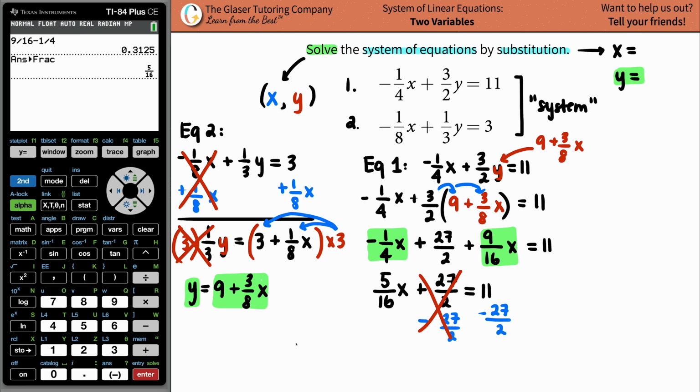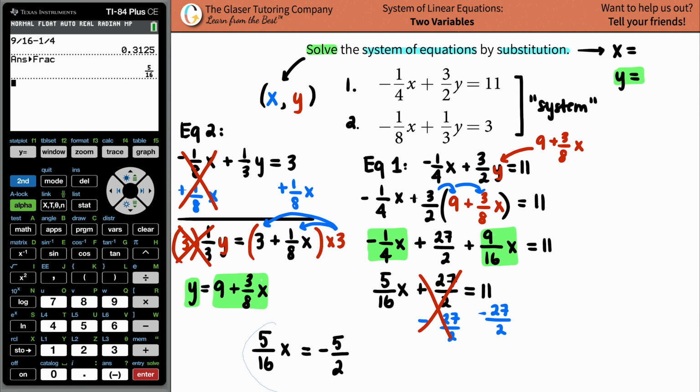We have now 5 over 16 x equals, what is 11 minus 27 over 2? 11, if we had it over 2, 11 times 2 is 22. So it would be the same thing as 22 over 2 minus 27 over 2. 22 minus 27, so this is a negative 5. Negative 5 over 2.